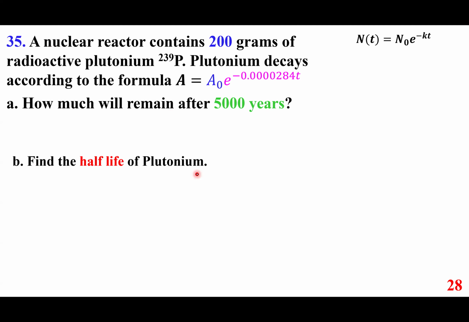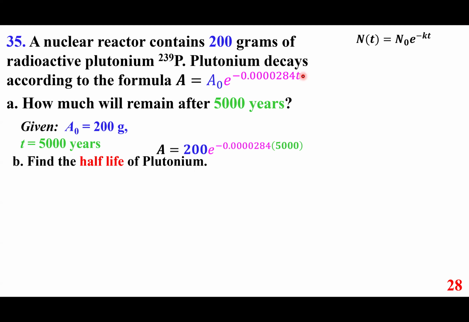Having said that, understand what's going on here. We start with how much? 200 grams, so that's A sub 0. What is T? In this case, it's 5,000. So we are going to use the formula with A sub 0 being 200 grams, and for part A, T must be 5,000. So let's replace the A sub 0 and replace the time.